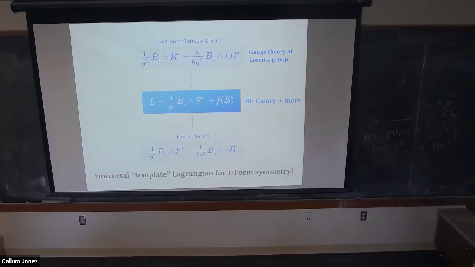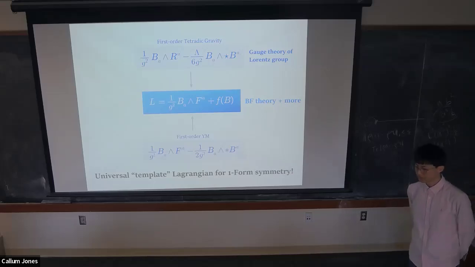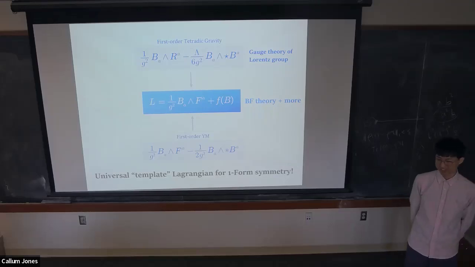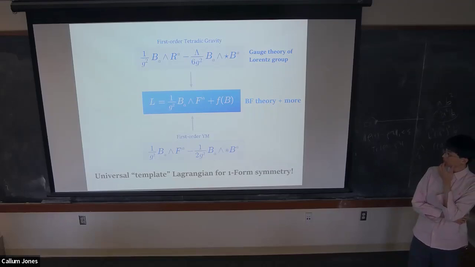Are you talking about B equal to 0? B equals 0. I mean, there was a question about whether, for the gravity theory, you want to allow B equals 0. Right, so I think we don't necessarily meet that condition. That's the invertibility condition for the tetrad.